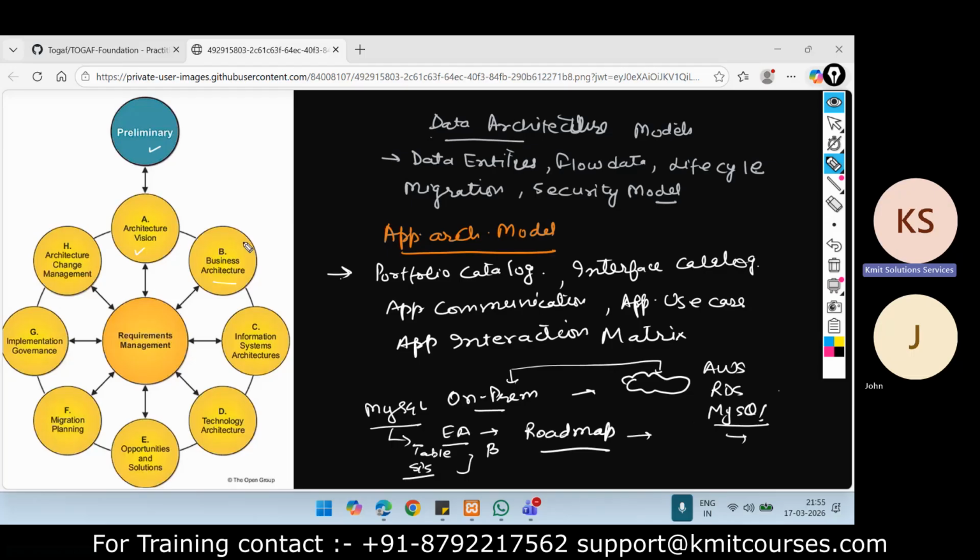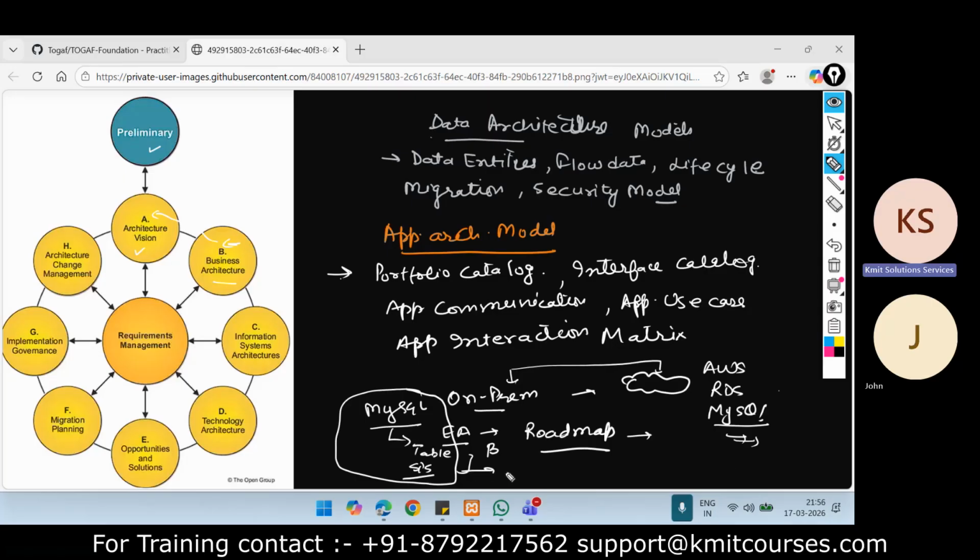That business architect is talking to the enterprise architect, because whatever the business needs or goals are should be aligned with the architecture document which the enterprise architect has created. Now, who will do the actual work?